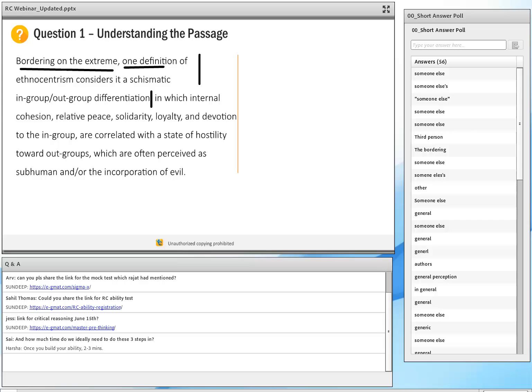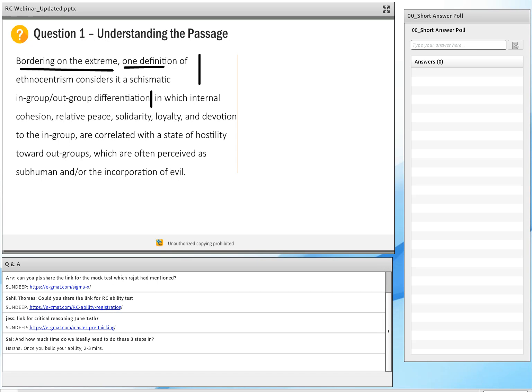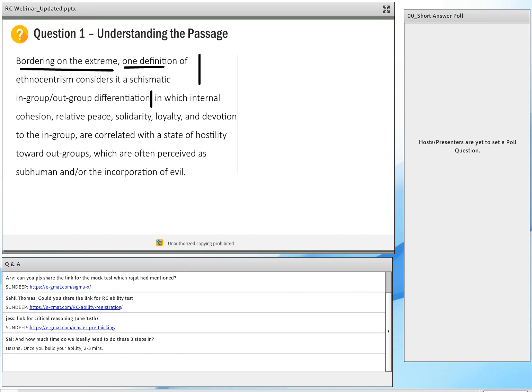So even before you move forward, these things should go on in your brain to really say, hey, A, it's an extreme definition, and B, it's one of the definitions of EC. And the author may or may not agree with it. So it's not the author's definition, it is an extreme definition.